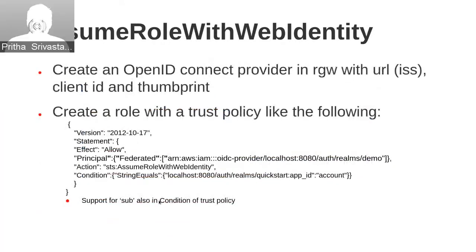Before a user can start using assume role with web identity, there are certain one-time steps that a system administrator needs to perform. The first one is that we need to create an OpenID Connect provider in RGW using the URL of the provider, the client ID of the external application that wants to access S3 resources, and the thumbprint list of the IDP.